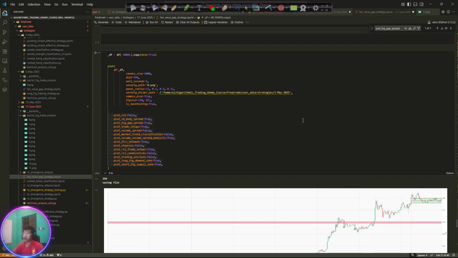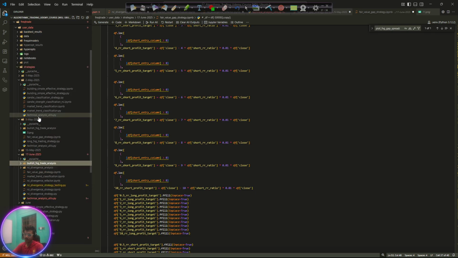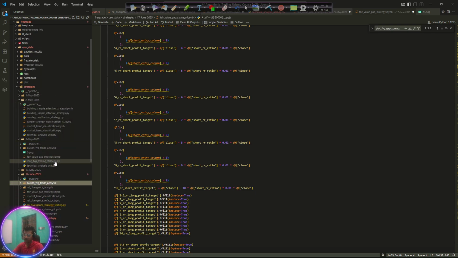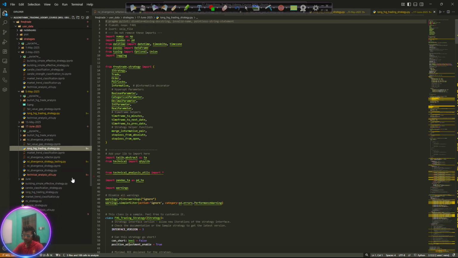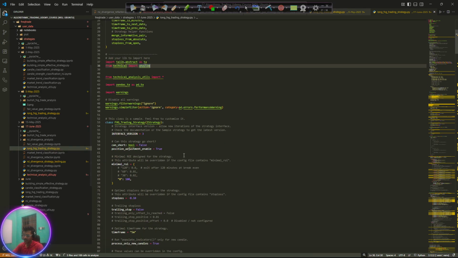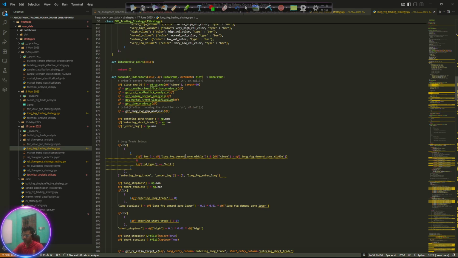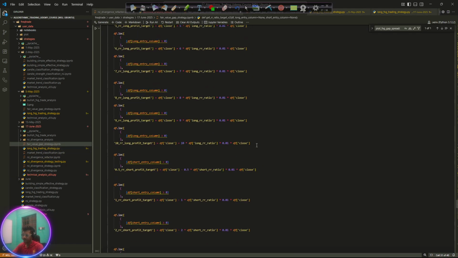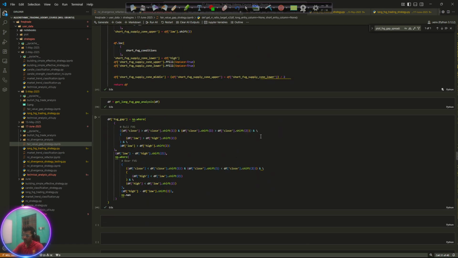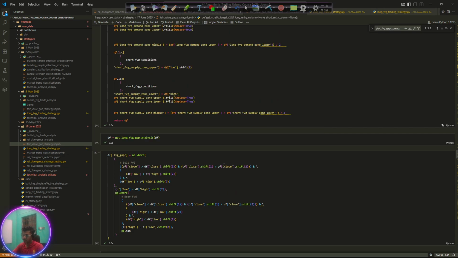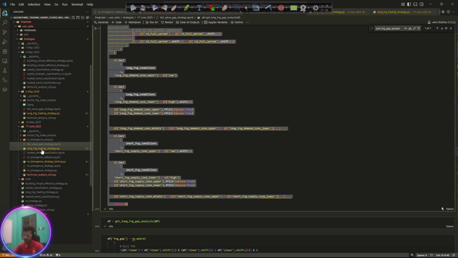So let's just go there and run some back test. Okay. So I'm gonna copy this one, bring it here, and here I need to change the code for FVG. So I'm gonna go there, FVG, and change this function.